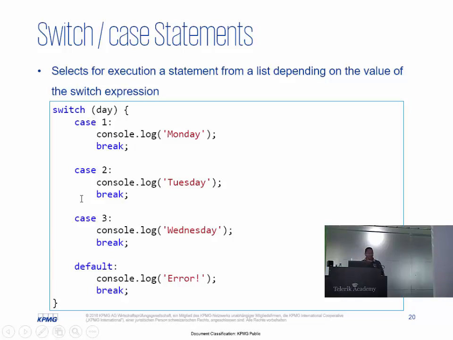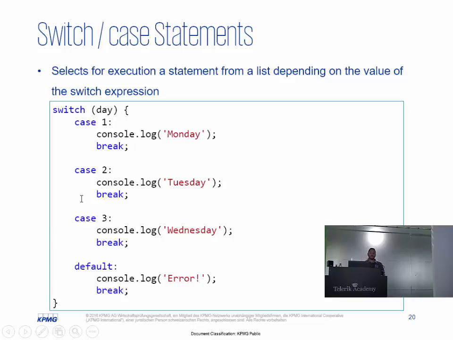Now, there's a tricky part here, because if you start going by cases, they start falling down into each of those cases, and they'll get checked and executed. Eventually we'll have the default, which means that we haven't fallen into any of those cases, meaning the expression here is not equal to any of those other cases along the way. Then we get to the default, and the default one gets executed.